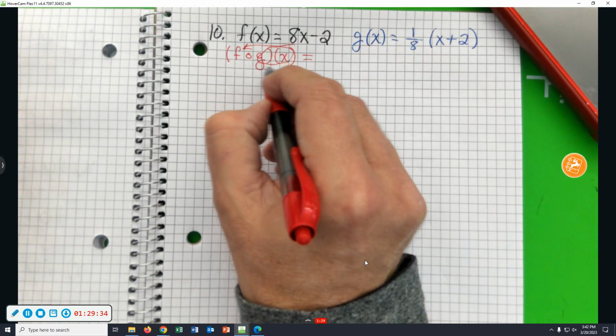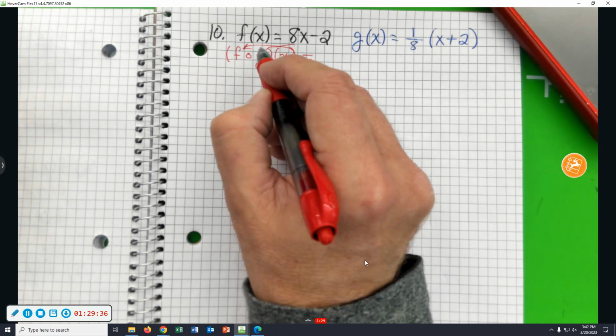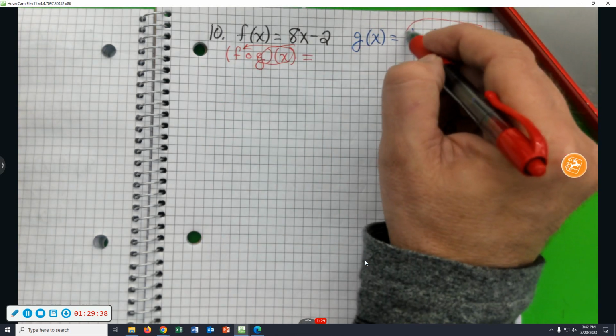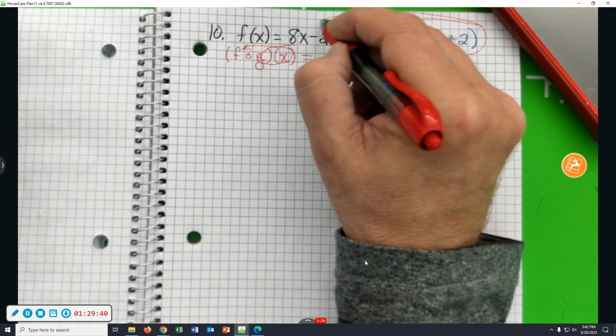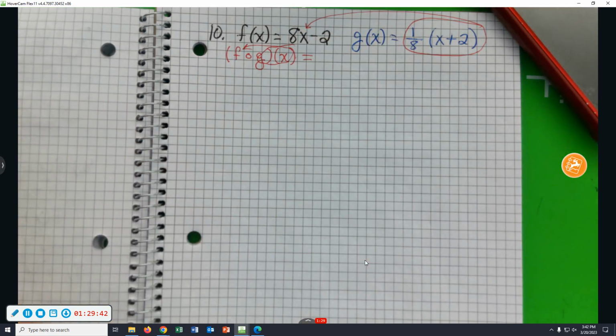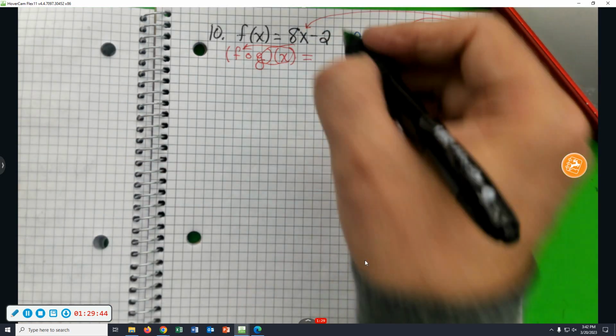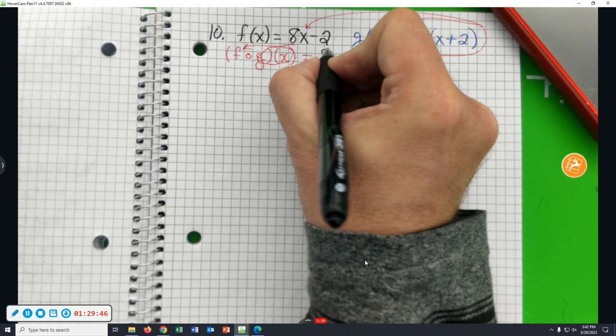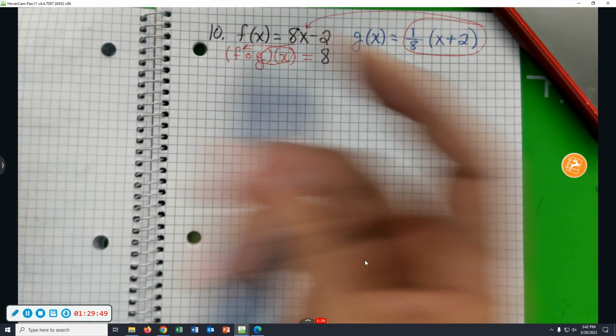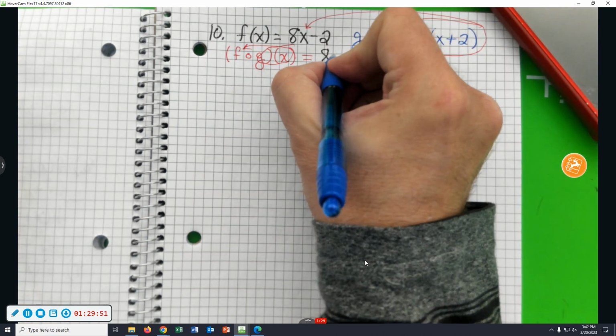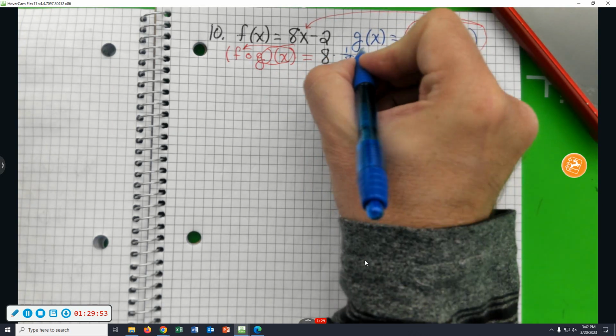Plug G into F. So I'm plugging this into F. In place of that black X, this is going to get messy. In place of that black X, I'm going to put a 1/8 X plus 2.